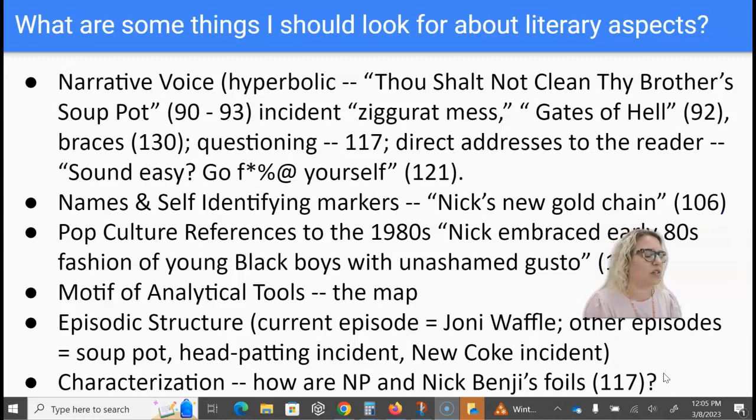And on 117, I think there's a great quote when he's talking about the two of them fighting over Martine's race. He says, "I was in the middle, bending as usual in the direction of whatever breeze was blowing through me that day." Whereas NP is the militant nationalist saying, Martine is not black, and Nick is saying, yeah, he's black, he's one of us, looking for that sort of brotherhood connection and similarity.